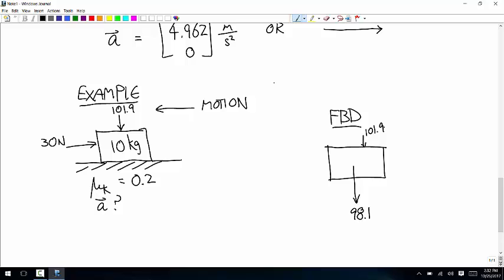Those add up to 200 newtons. And then there's a force to the right of 30 newtons. And then there's a normal force of N. And then in the opposite direction of the velocity, there's a force of 0.2 times N.